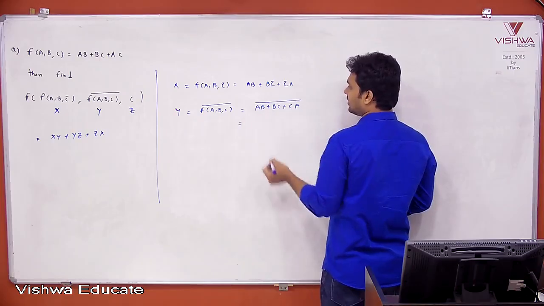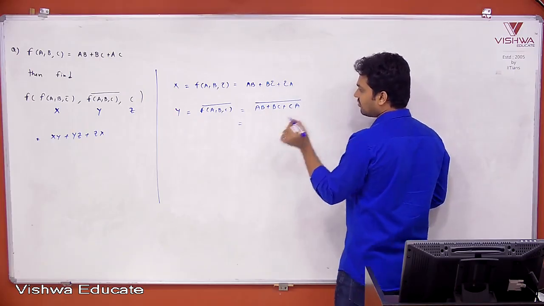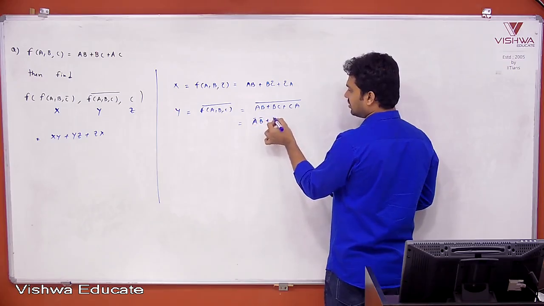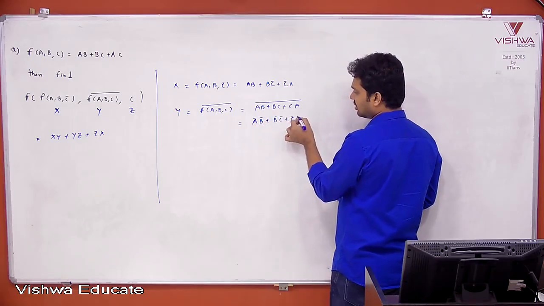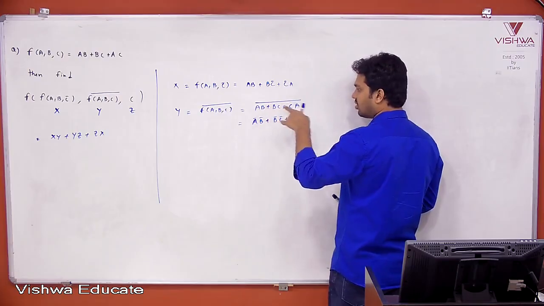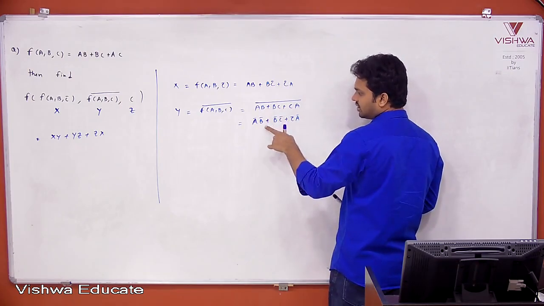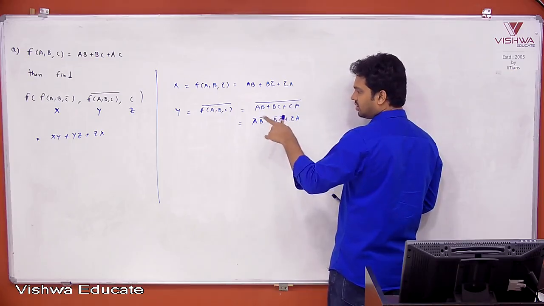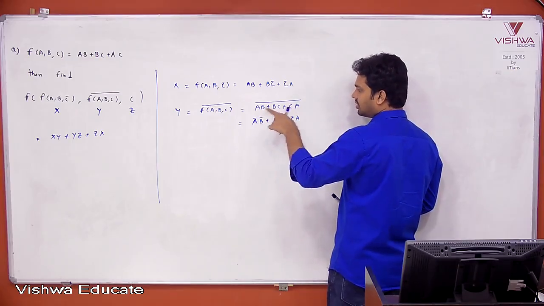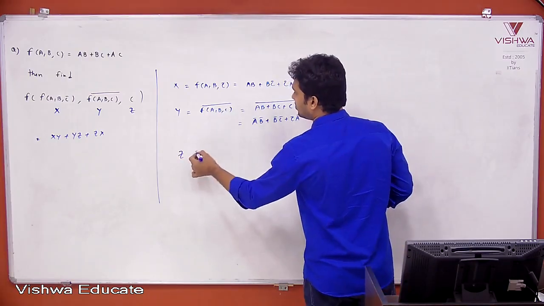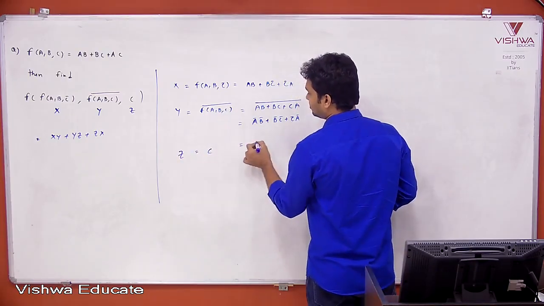Already we have calculated earlier, it is a self-dual function. So A bar B bar plus B bar C bar plus C bar A bar, because you can take the complement by duality, apply individual bars and minimize, and again you get the same. Or because it is self-dual, total bar is equal to individual bars. Then what is Z? Z is simply C.